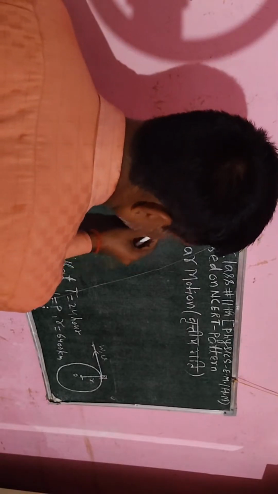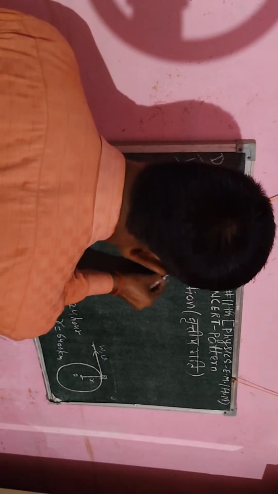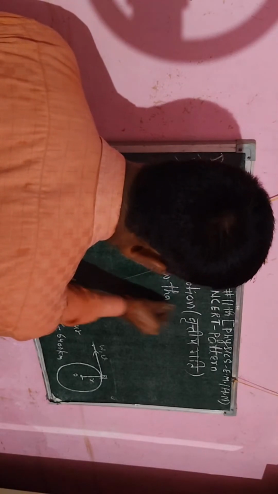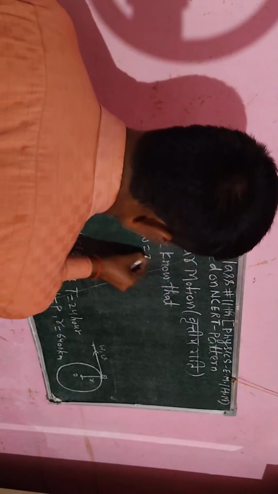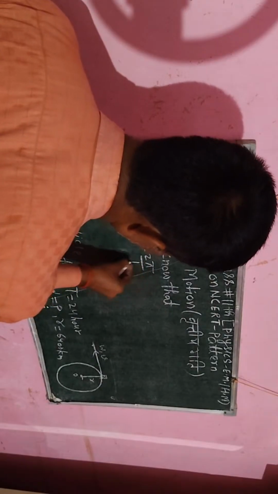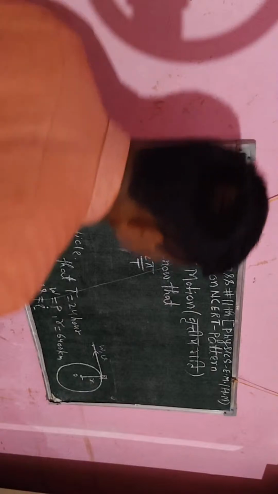Now here I will say we know that omega is equal to 2 pi by T. T is given here as 24 hours, so I have to change its value.